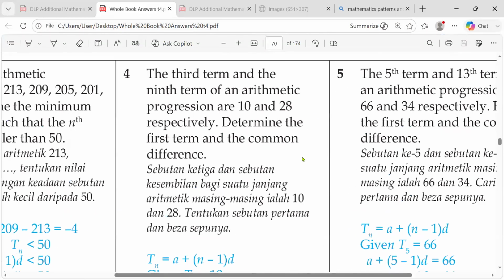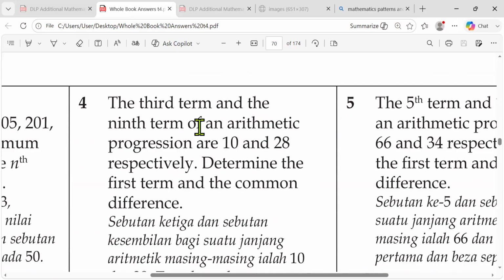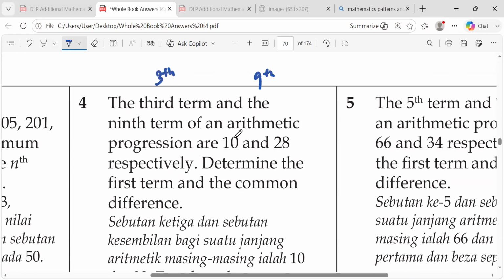Okay, let's check the fourth question. The third term and the ninth term are 10 and 28. So the third term is 10, and the ninth term is 28.